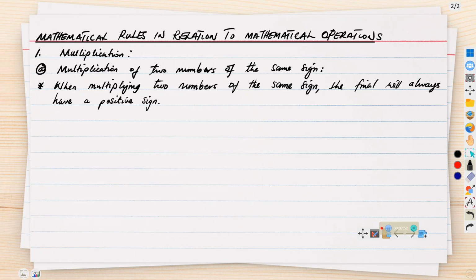This is a basic. When you are multiplying two numbers of the same sign, then the final answer will have a positive sign.